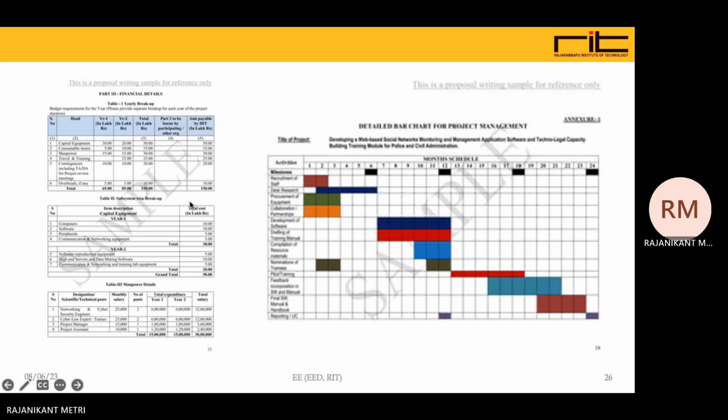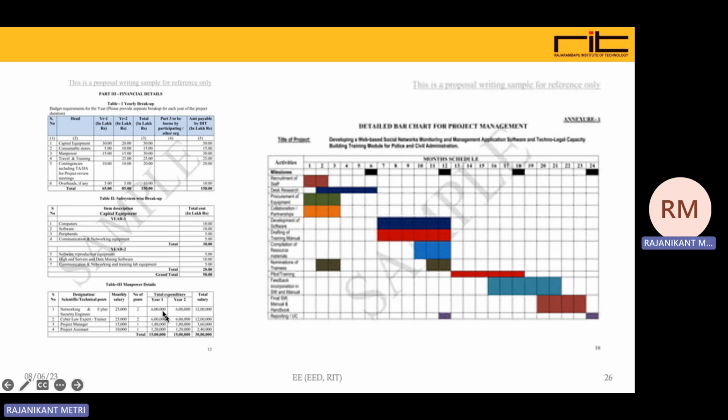The subsystems within this breakup related to capital equipment, that is 30 plus 20 lakhs, how these are divided and what the components are, are mentioned here.